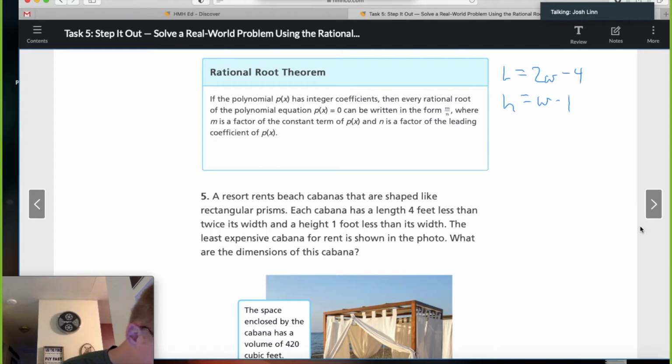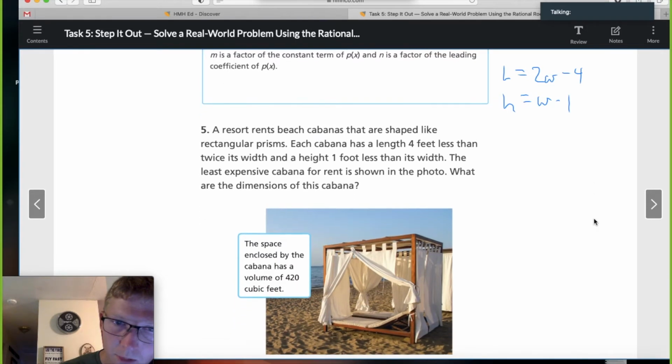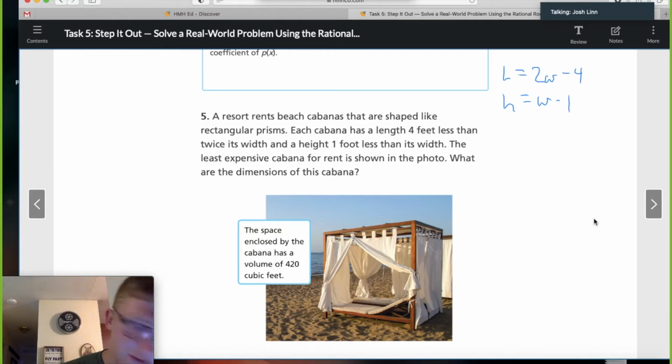The least expensive cabana for rent is shown in the photo. What are the dimensions of this cabana? Notice that it tells us something right here. The space enclosed by the cabana has a volume of 420 cubic feet.